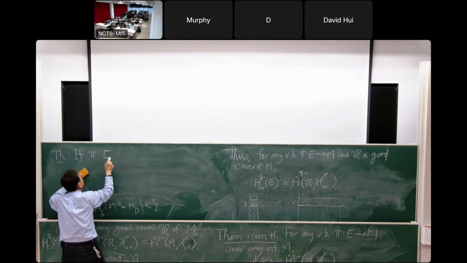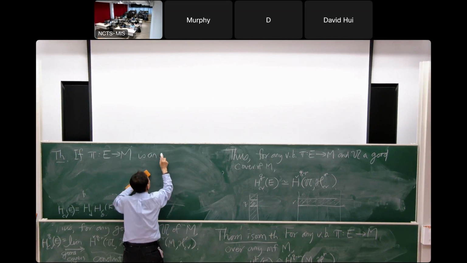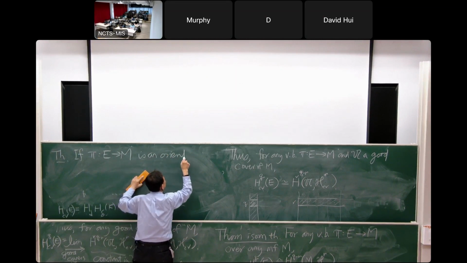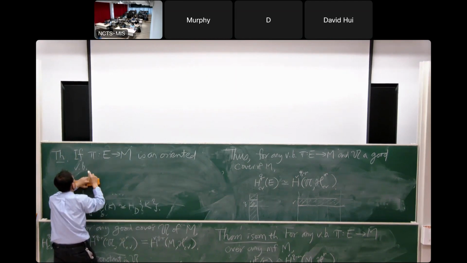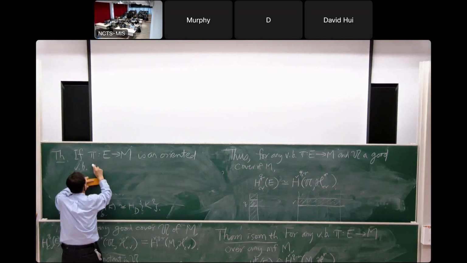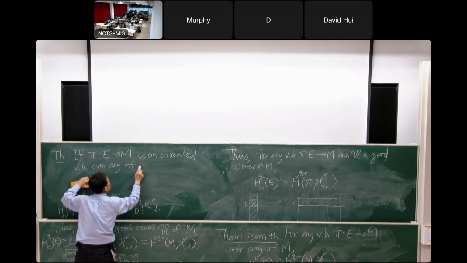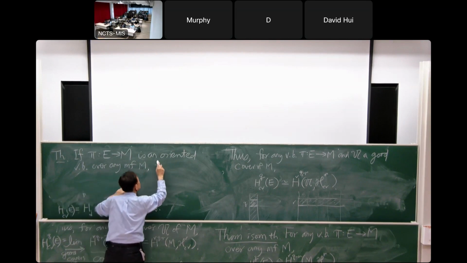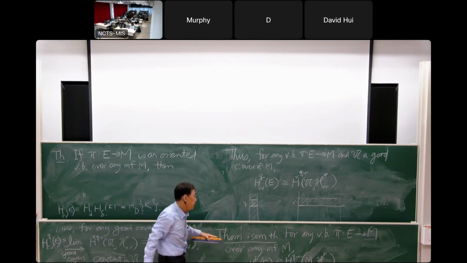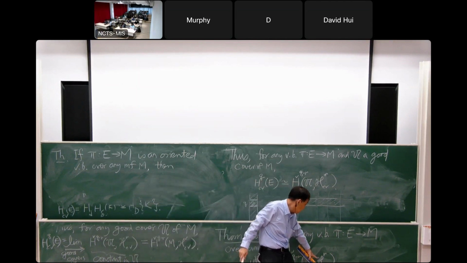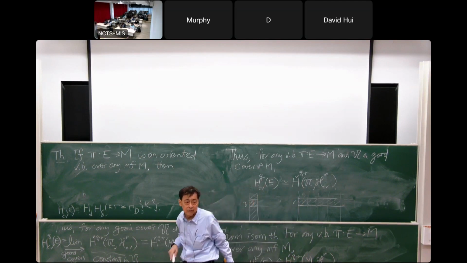So if E is an oriented vector bundle over any manifold, then we know that this is just the free sheaf of locally constant functions.